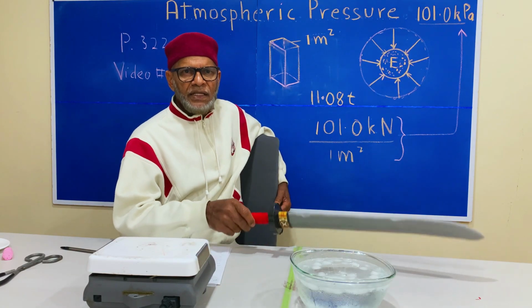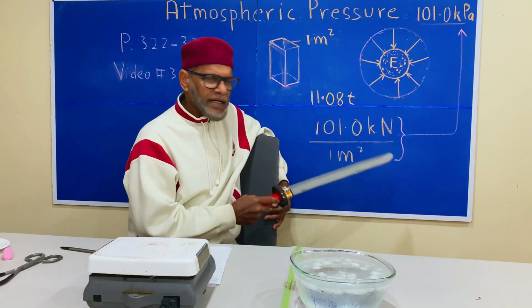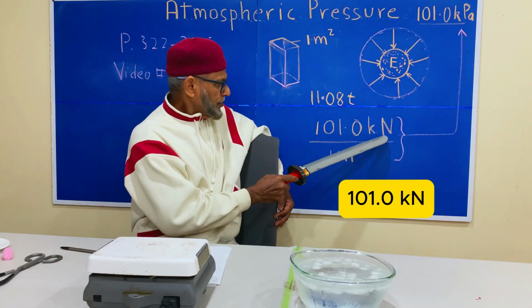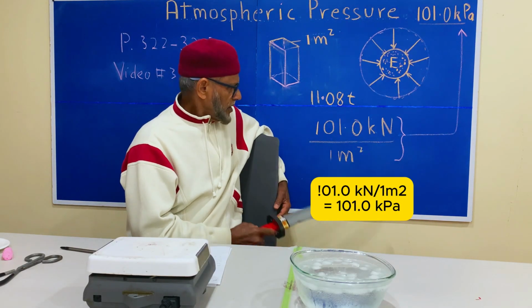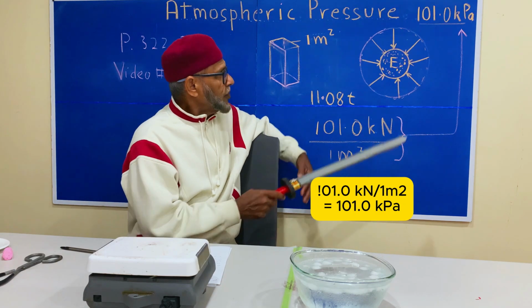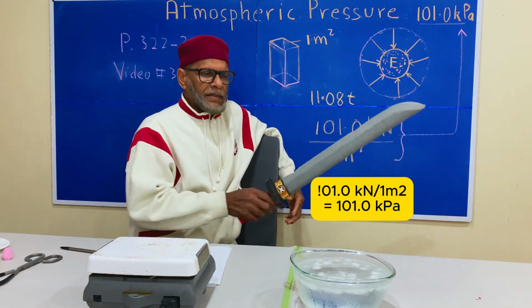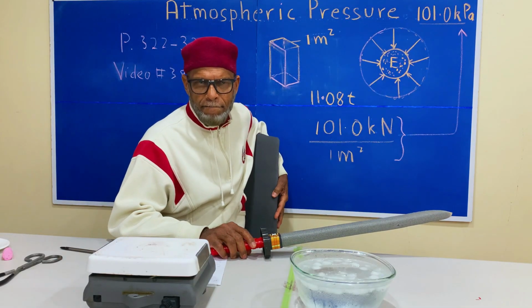The force that is exerted by the atmosphere on the Earth's surface is calculated to be 101.0 kilonewtons. Translated into pressure over 1 meter squared will be 101.0 kilopascal. In layman's terms, what does that mean?